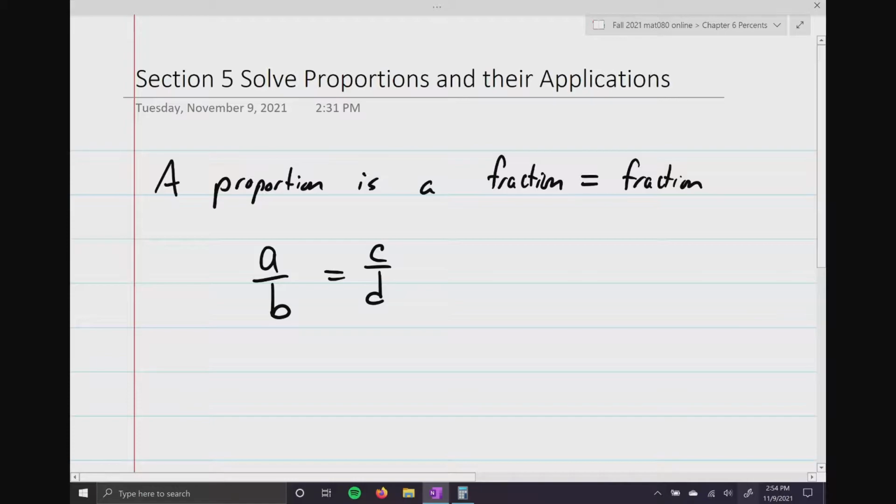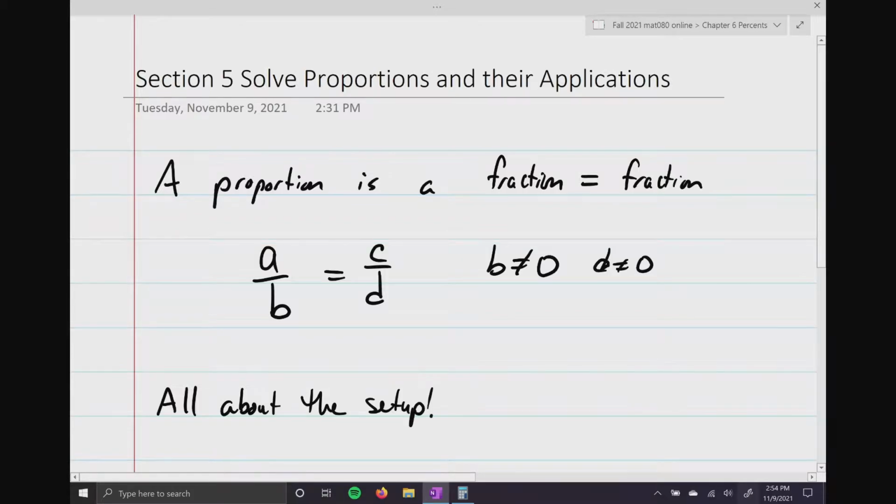Now, what you're telling me here is these two fractions are equal to each other in some way. There is one little exception here, which is B is not allowed to equal 0 and D is not allowed to equal 0, and that's because they're in denominators, but you really don't have to worry about that. The key to a proportion is all about the setup.